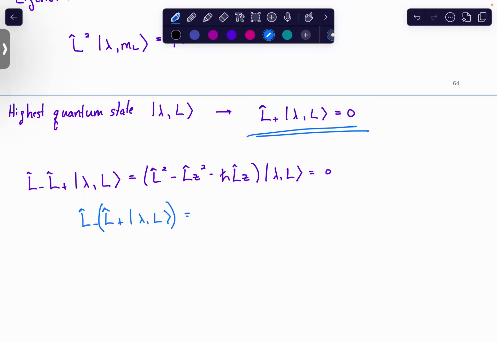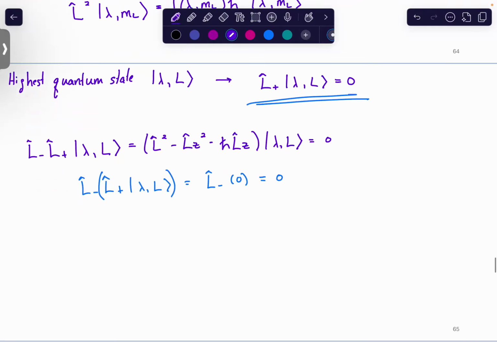That's going to leave me using that step operator on a state of 0, which equals 0. So then let's use this side of the equation.